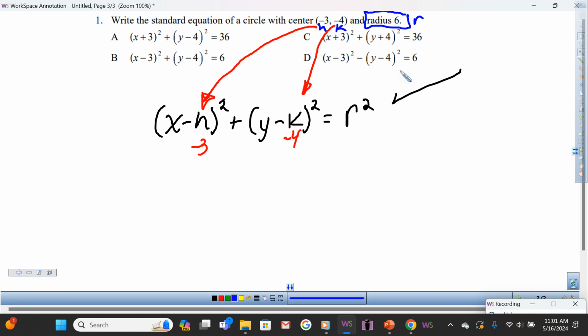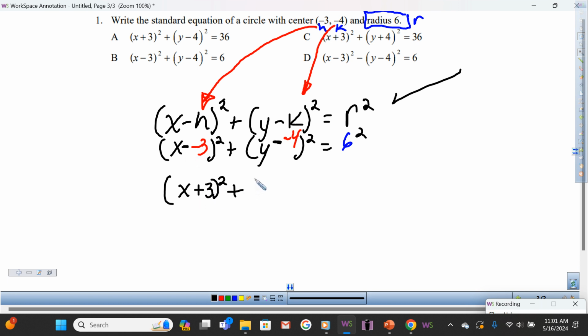And then the r, which is 6, substitutes right there. Then you bring everything else down. Parentheses, x, look up, this minus, don't forget it, squared plus (y minus) squared equals r squared. And lastly, we simplify. For x, negative times a negative is a positive 3. For y, negative times a negative is a positive 4. And what is 6 squared? 36.